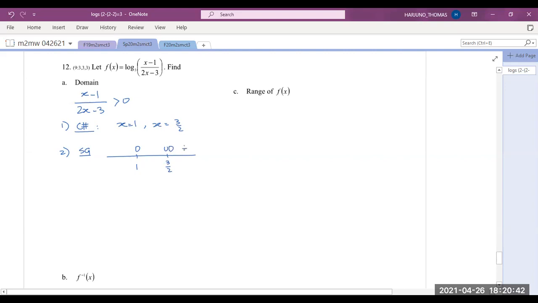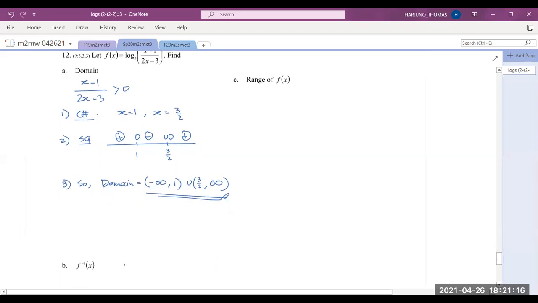The sign graph will be positive, negative, positive. So the domain is from negative infinity up to 1, but not including 1, union 3/2 to infinity. Okay, that's for the domain.